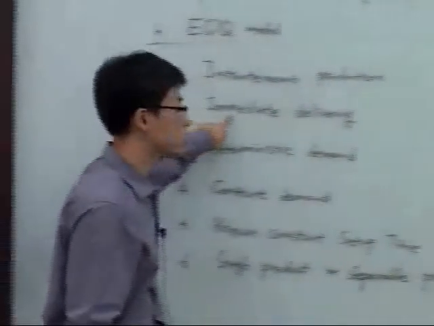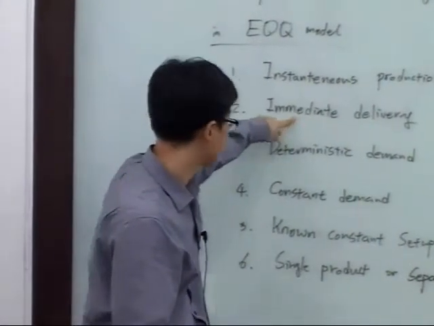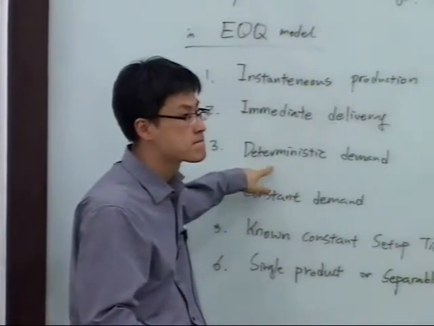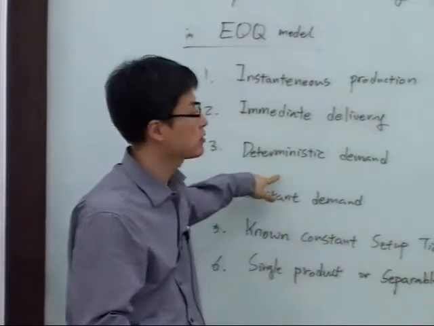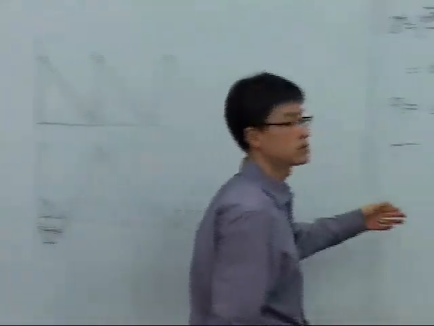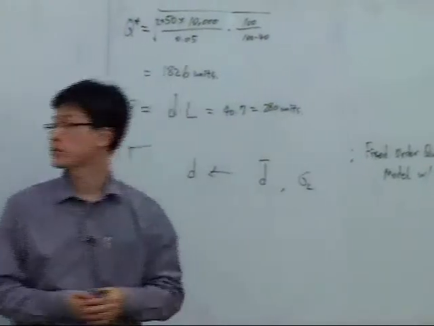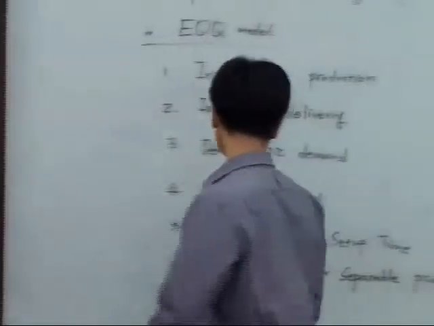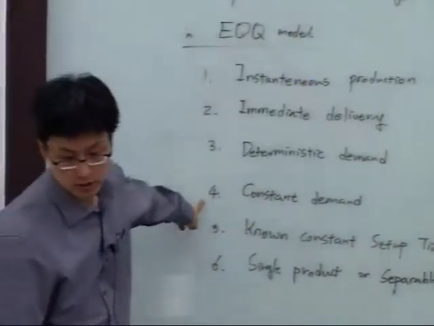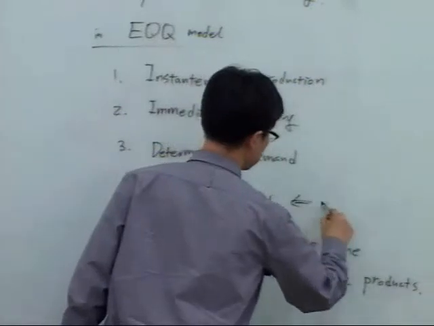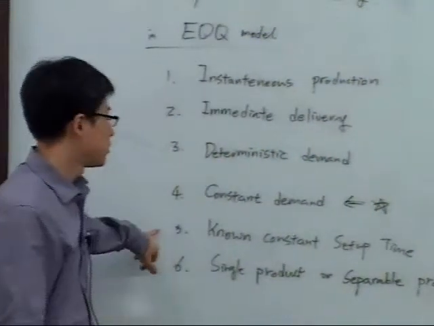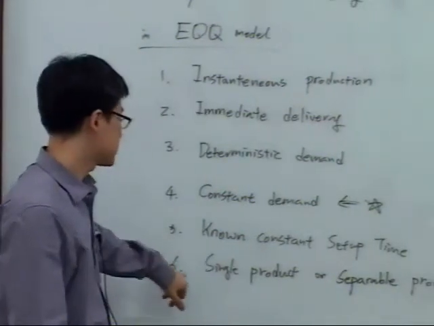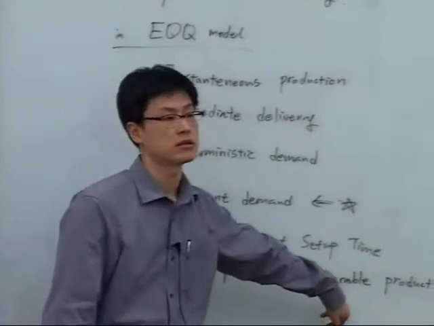So by doing that, we relaxed the number two assumption. Deterministic demand, we stick to it, but by introducing this, there is a way to relax the number three assumption. Constant demand, that's a key point. Known constant setup time, well, for now let's leave it there. Single product or separable product. What does that mean?